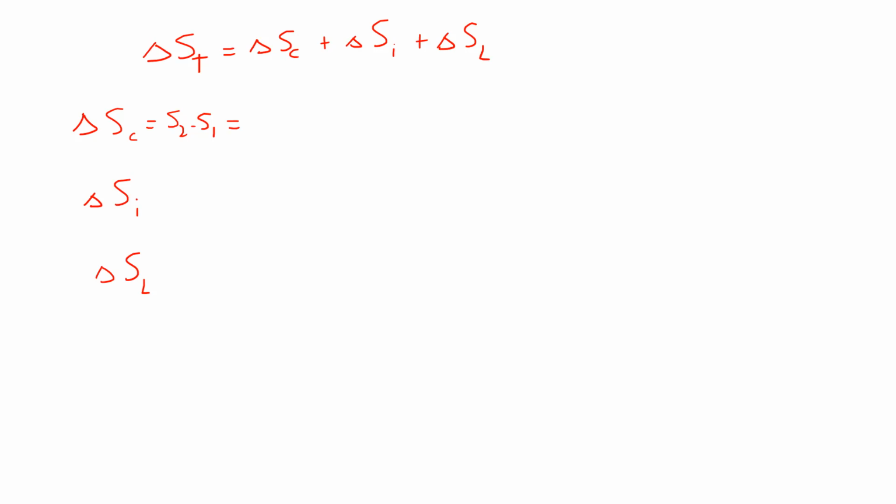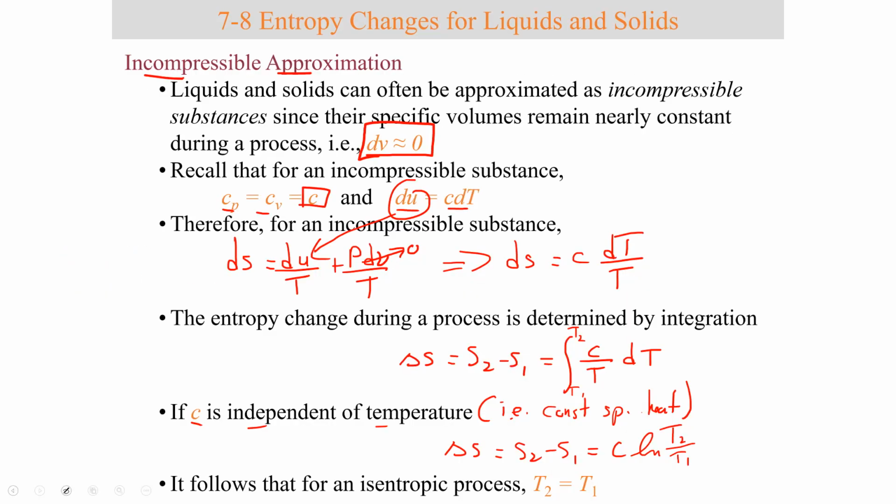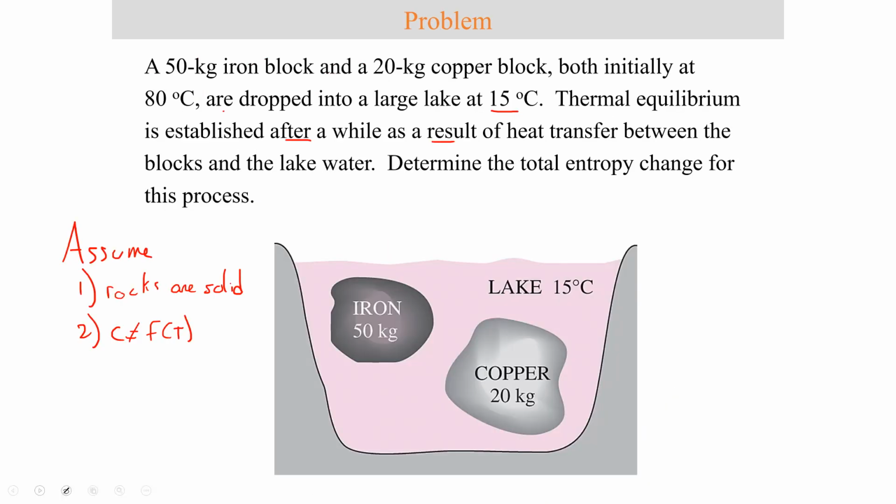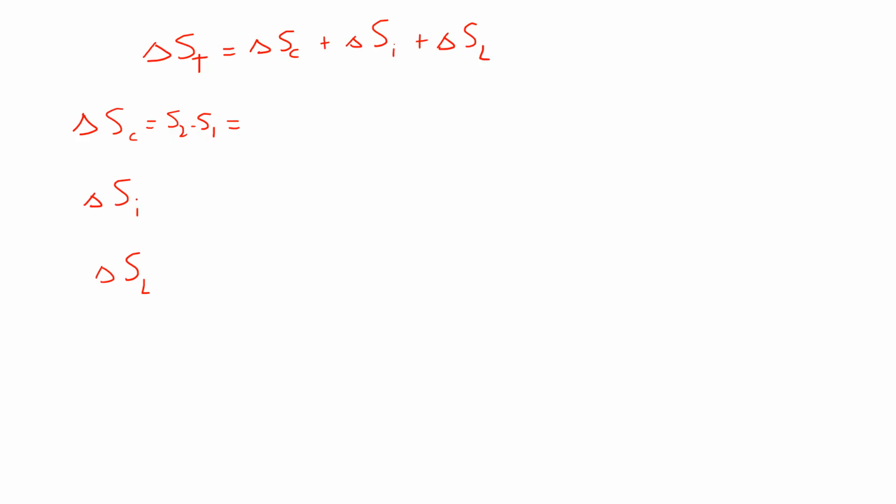So in that case, according to our equation from earlier, the entropy change for an incompressible substance at constant specific heats would be the specific heat times the natural log of the final temperature over the initial temperature. That's for a solid. So we have the copper block and the iron block.